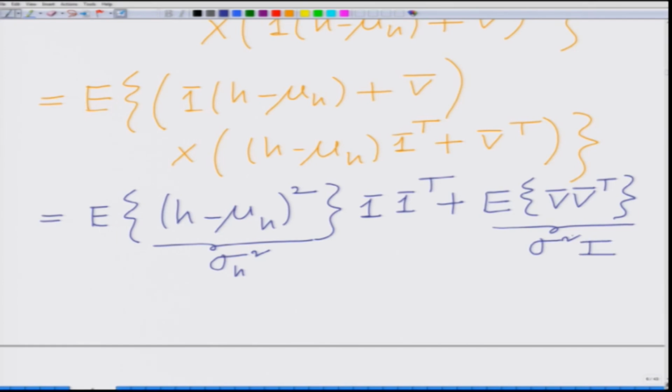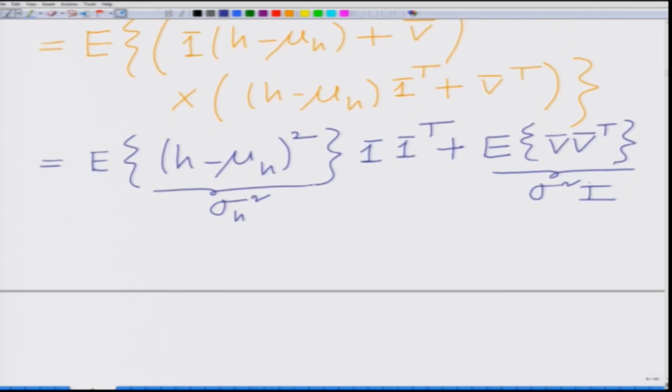Now, it remains to look at the cross terms, that is the terms in the middle: the expected value of 1 bar into h minus mu h into v bar transpose.